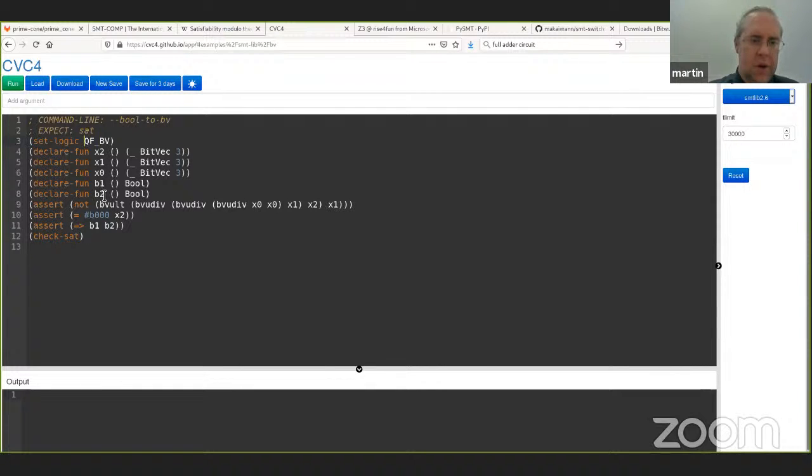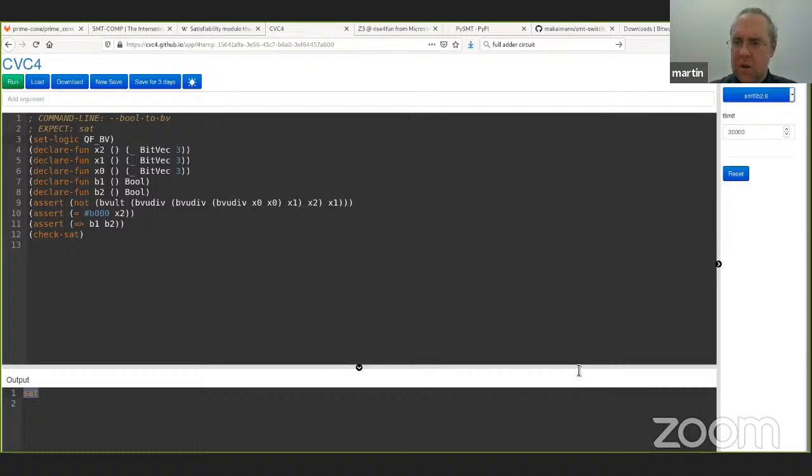We've got 2 booleans, and we've got this horrific mess of divides, 2 assertions and a check-sat. And if we press run, at the bottom, we get SAT. Cool. Okay, it's that straightforward.